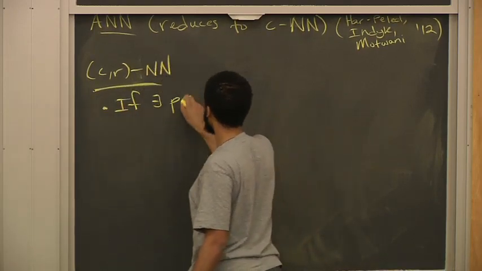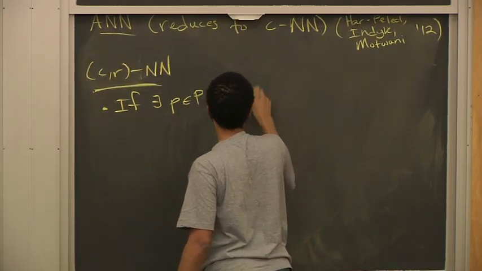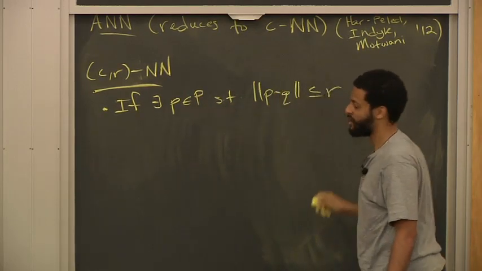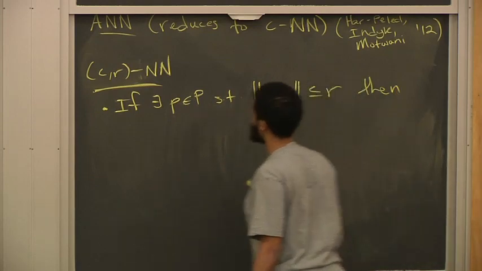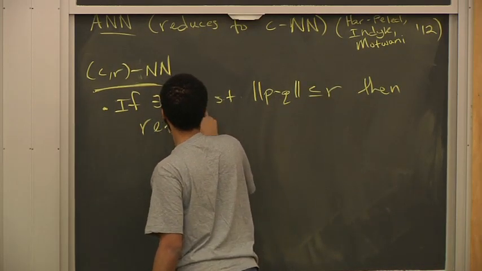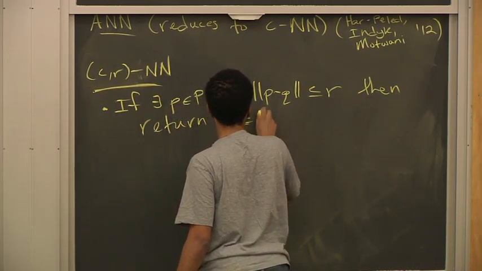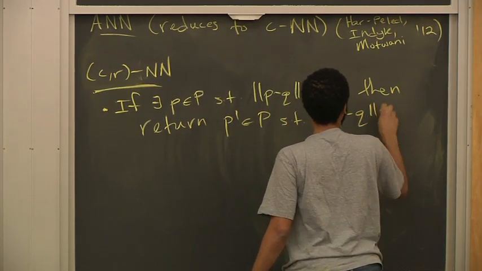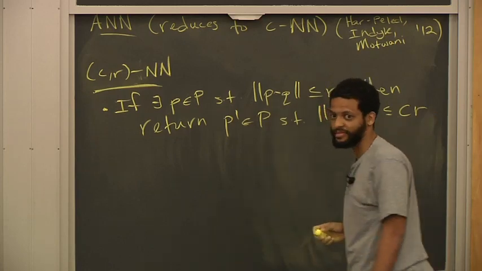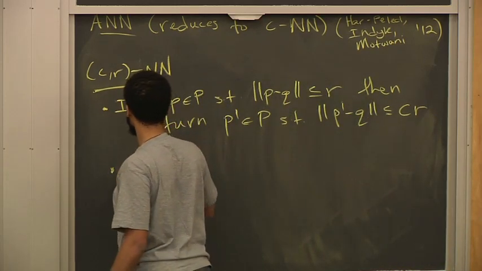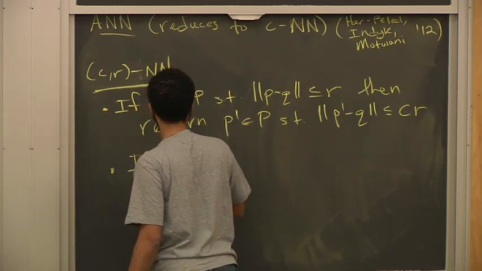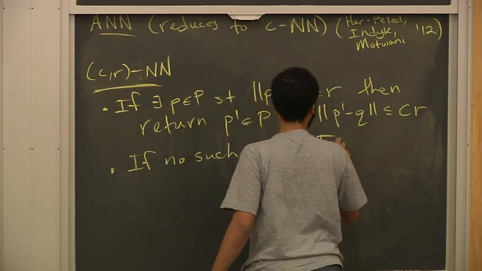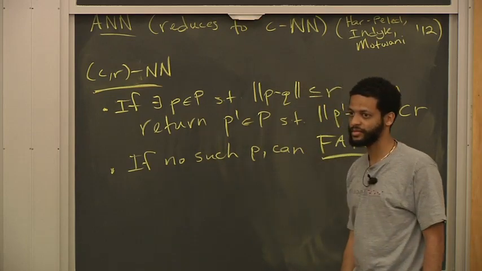If there exists a p in the point set such that ||p - q|| is at most r, then return p' in P such that ||p' - q|| is less than or equal to cr. If no such p exists, you can fail. Output fail.